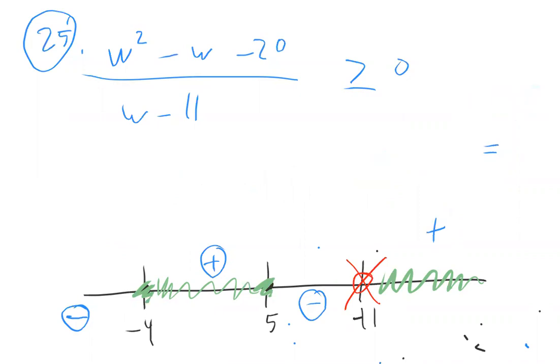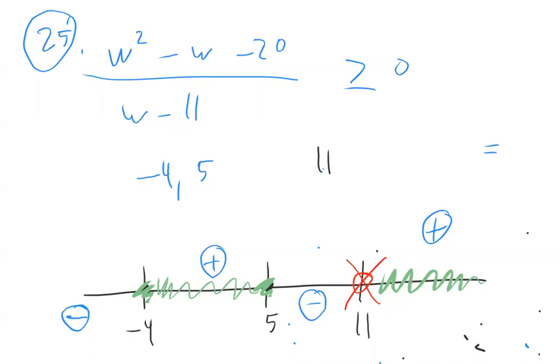I need to keep that plus there. So the parts that are the solution are the parts that are valid, the ones that are greater than or equal to 0. So it's from negative 4 to 5, as well as it's from, wait. Oh, that looks like negative 11 for some reason. That should say 11, right? It's not negative 11, it's just 11. And then it's negative 4 to 5, and then it's 11.